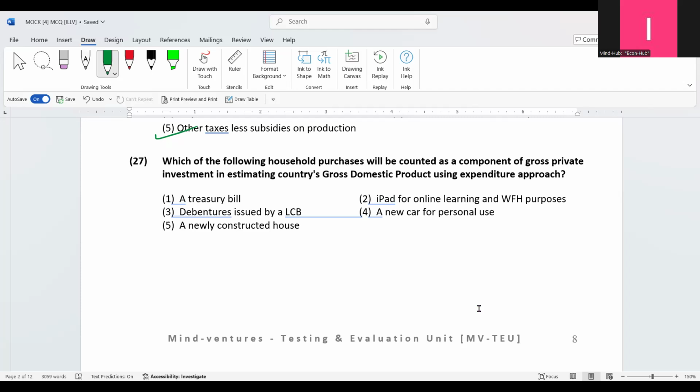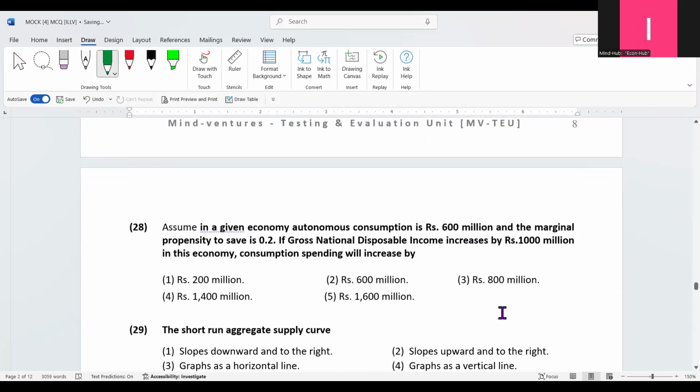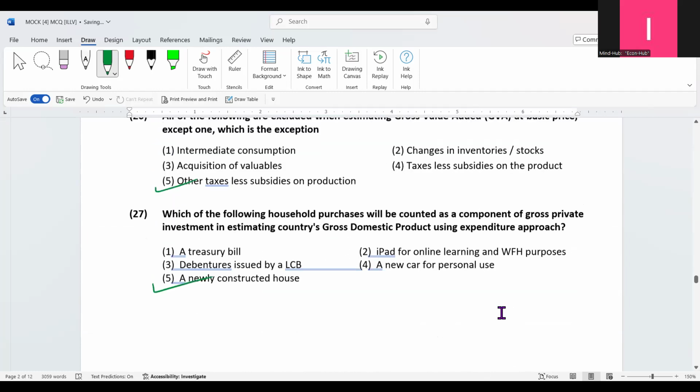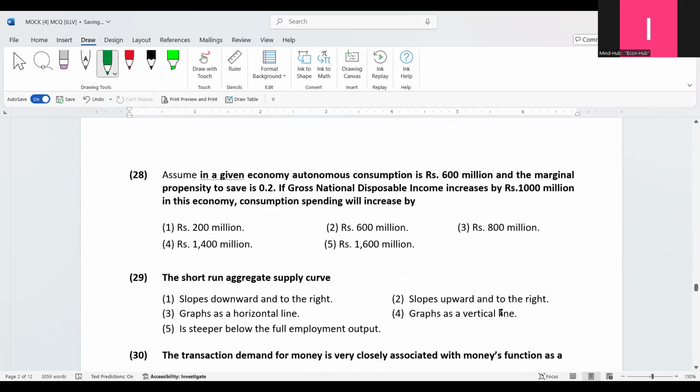Debentures, again financial. iPad for online, no, that's a consumer durable. Newly constructed housing stock, capital, investment. Capital formation, investment. Question 27, answer number 5.